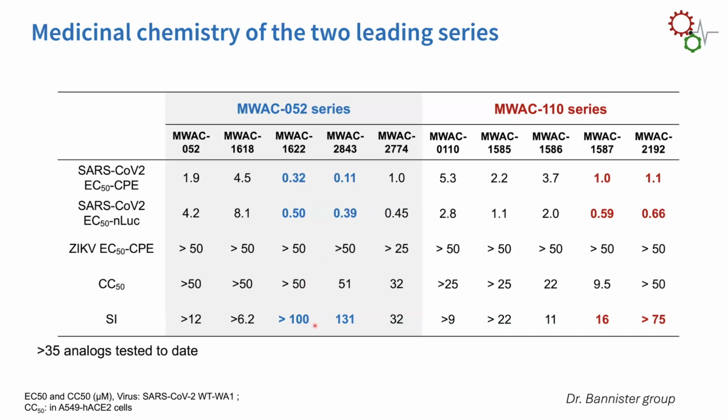So it gives us a selective index of more than 100-fold, which is pretty good from my perspective. The MWAC 110 series also has 2 compounds down at about 1 micromolar or sub-micromolar EC50. So we decided to follow up these 2 series further.